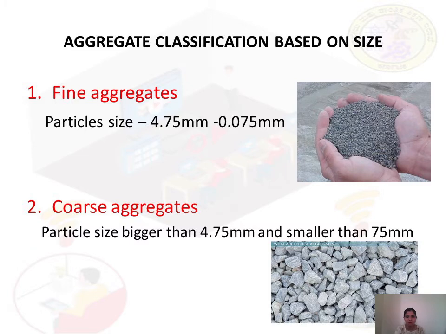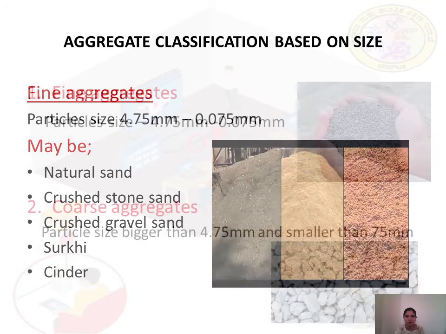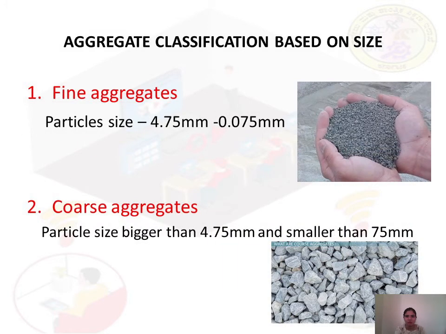Fine aggregates are those aggregates which have particle size less than 4.75 mm. It means the particles will pass through the sieve of 4.75 mm down to 0.075 mm.